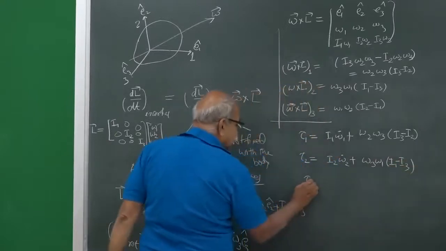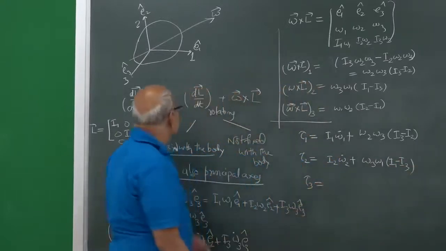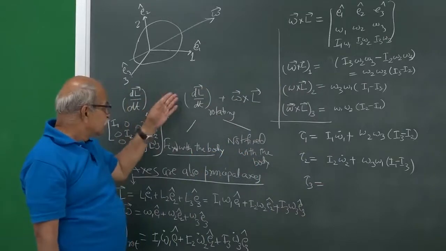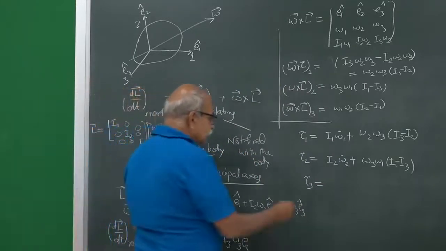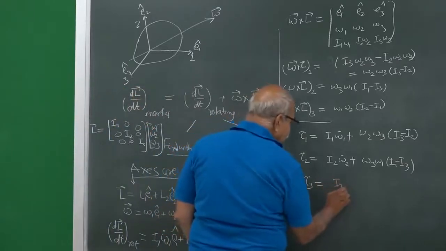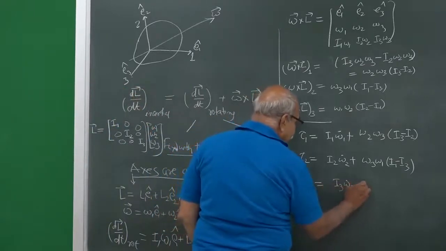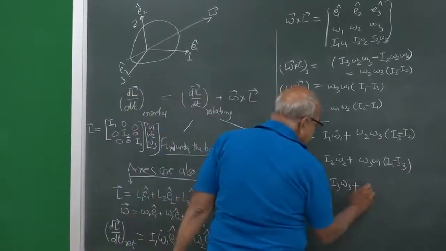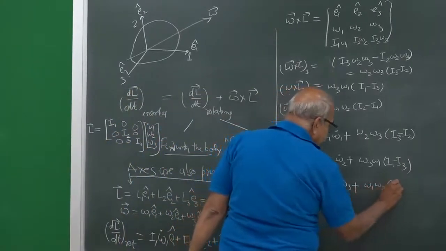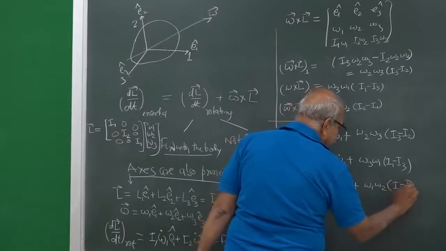Then similarly tau 3, the 3 component of dL/dt is I3 omega 3 dot. So, this is I3 omega 3 dot, and then plus the 3 component of this, which is omega 1 omega 2 and I2 minus I1.